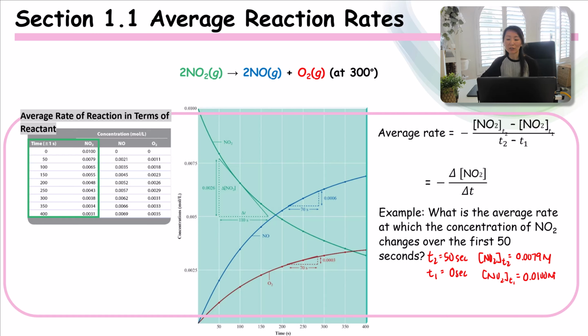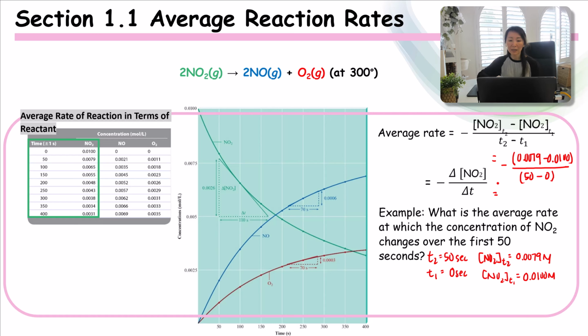Now that we have all these values, you're going to go ahead and plug them into this expanded form in order to find out the actual value. So let's go ahead and calculate that out. That would be negative in the front, and on the top, 0.0079 minus the 0.0100, all over 50 seconds minus the 0 seconds.